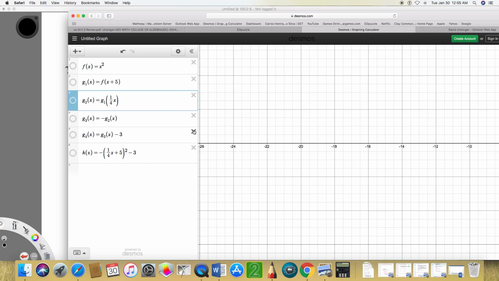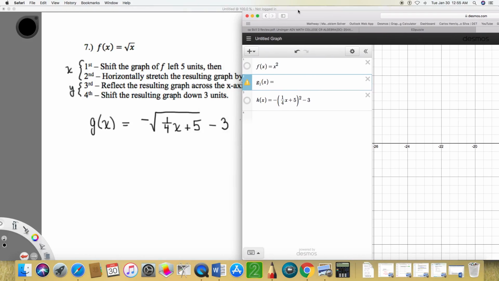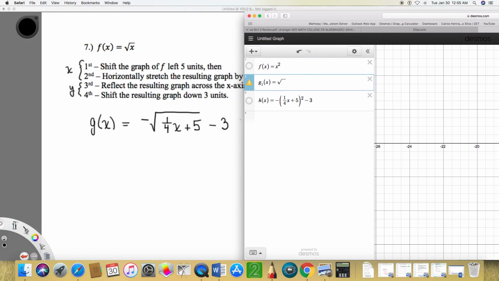Now, if we didn't want to do it that way, we could still come in and say, okay, my first transformation is the square root of x plus 5. And then that will build upon, in my second transformation, will be the square root of 1/4 times x plus 5.